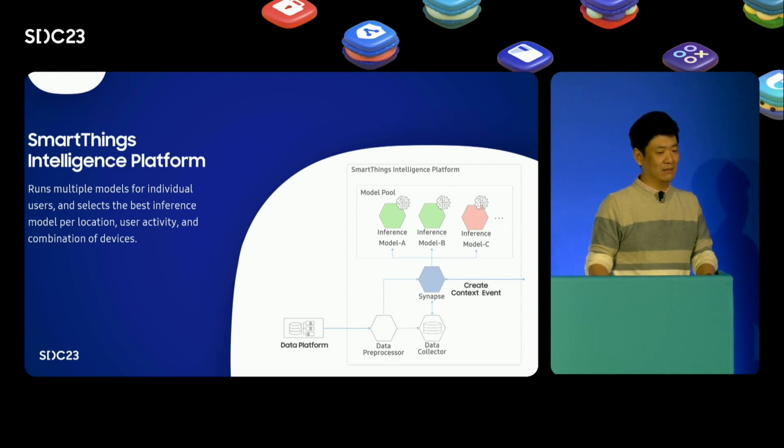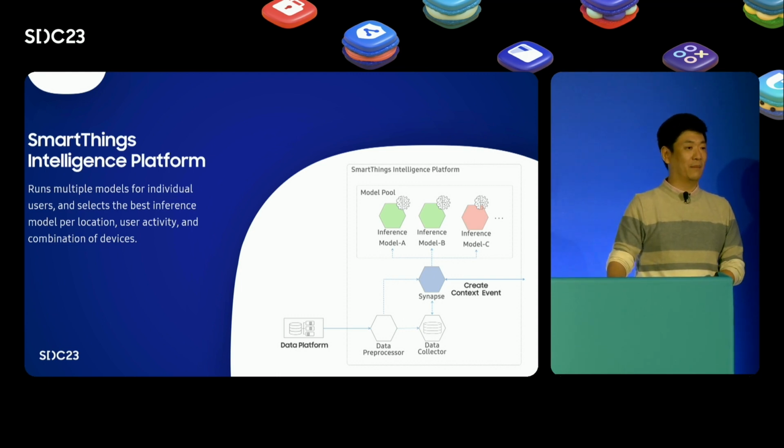As you can see, various inference models like A, B, and C are listed in our model pool. Model A can be set to operate at my home, while Model B at my office location. This functionality is managed by our microservice named CNET.